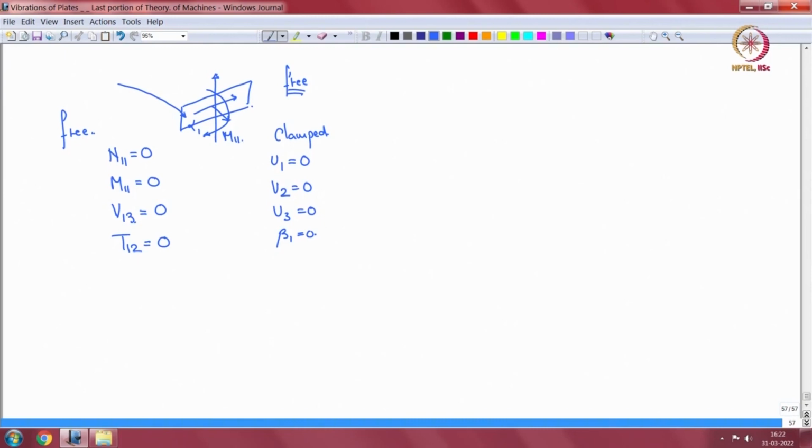Now what I am going to do is this: after a lot of mathematics we have come up with 5 equations of motion.